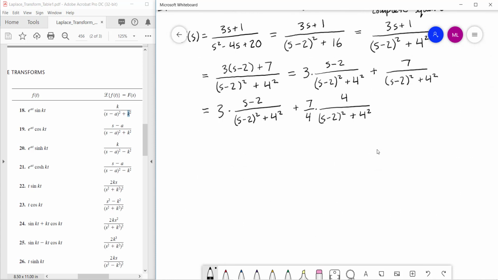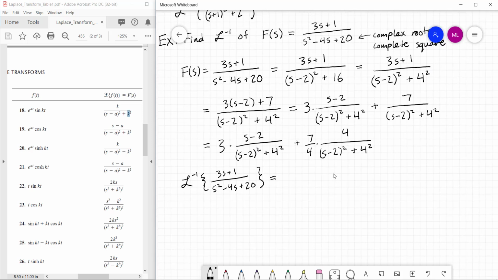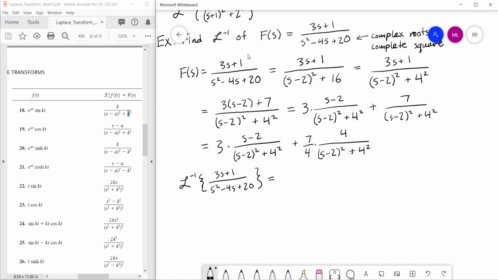We can think of this now as, so if we take the inverse Laplace transform of our original function 3s plus 1 over s squared minus 4s plus 20, that big ugly mess, well, that's the same as taking the inverse Laplace transform of this algebraically equivalent expression that we've got right here.